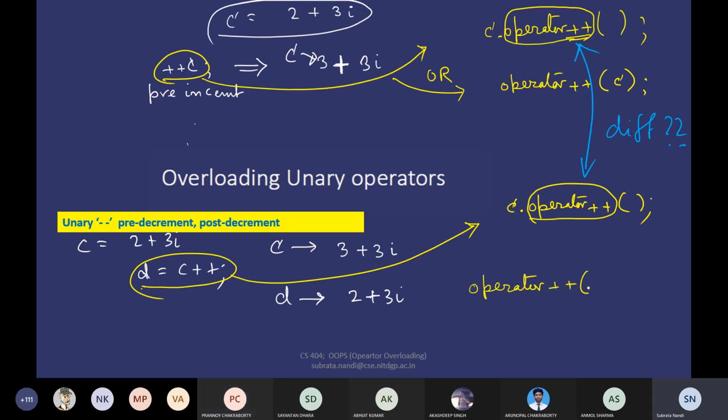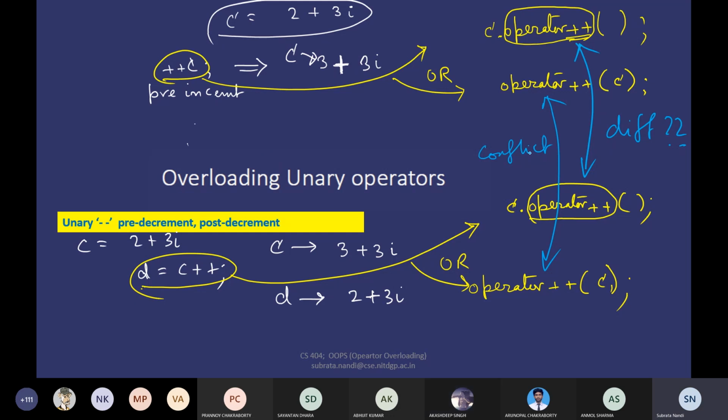Because that's a simple logic we are following each and every time, right? So this also will have conflict with this one. How to resolve the conflict? We can pass an additional argument in post increment.